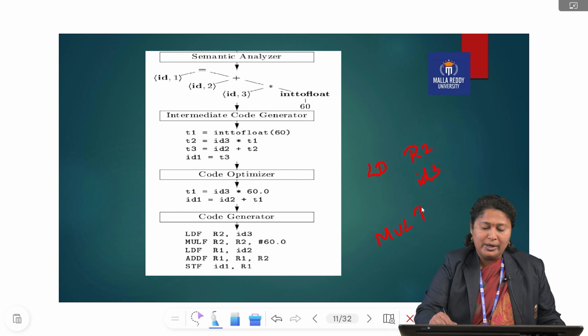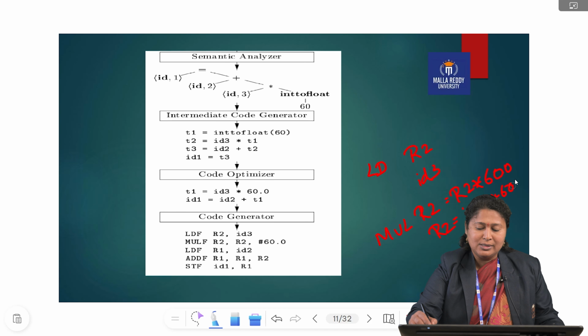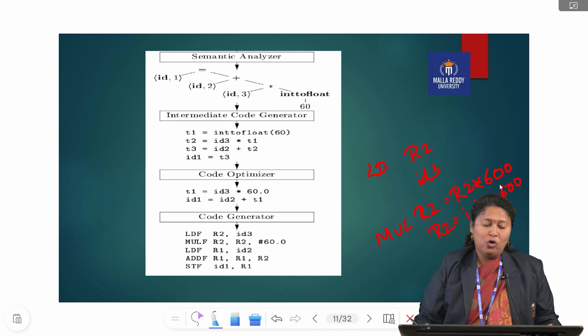That is R2 is equal to R2 into 60. R2 is nothing but ID3, so this is ID3 into 60, and that value is placed in R2. 60 is 60.0.